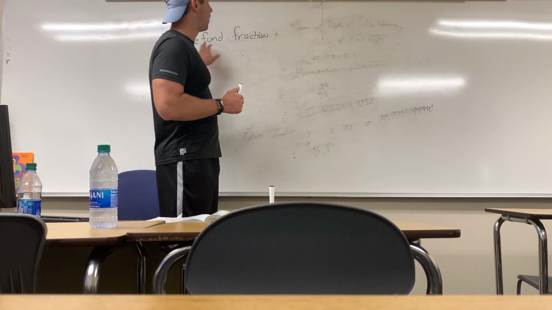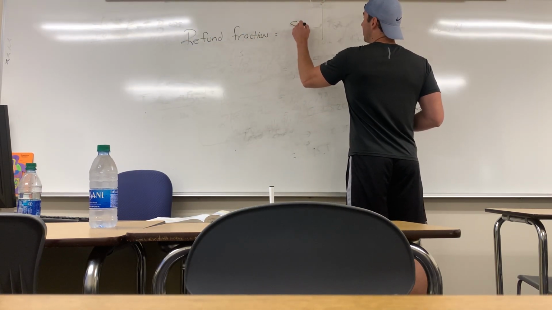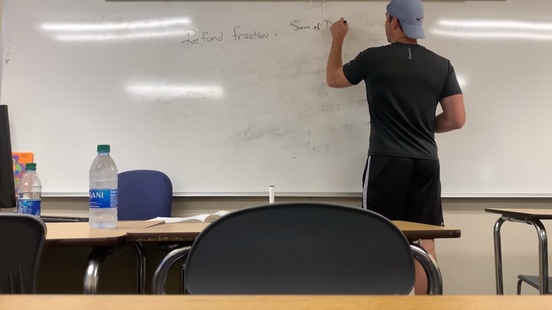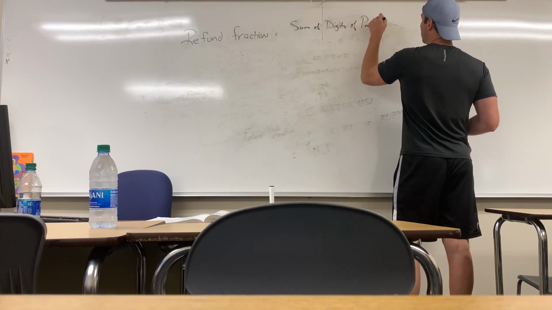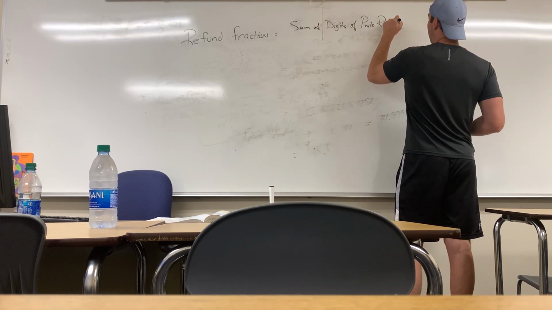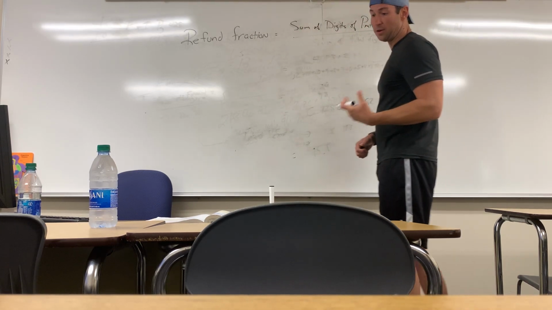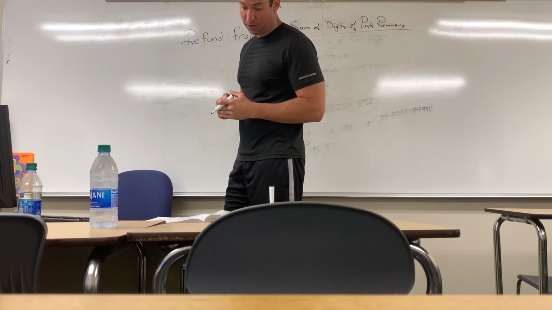The first thing we need to figure out is the refund fraction, which I probably shouldn't have erased. Sum of the digits of payments remaining. So it tells you in the problem that they paid it off with 15 payments remaining.